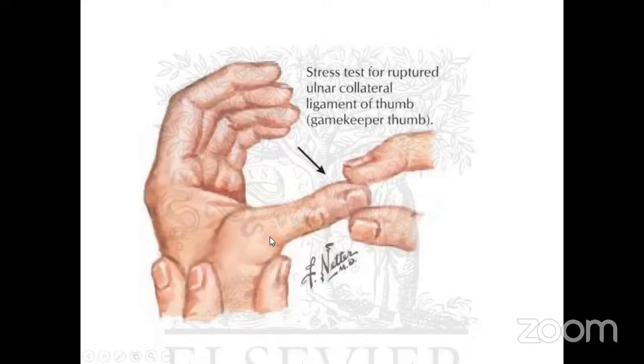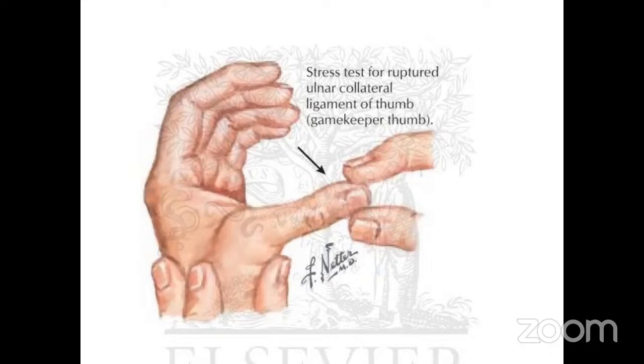So what happens when the hunter tries to kill the rabbit by twisting the neck is there will be abduction or stretching of the thumb, and that will put stress on the ulnar collateral ligament, and the patient will get complete rupture of the ulnar collateral ligament, and that is called the gamekeeper's thumb.